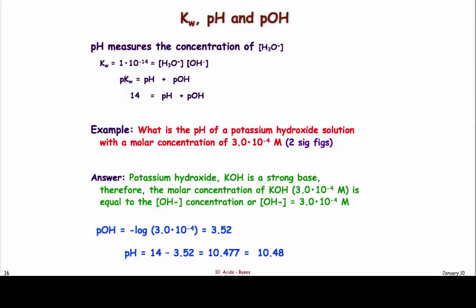That 3.52 is actually the pOH. And so what plus 3.52 equals 14? That number is 10.477. So the pH of this solution is actually 10.47.